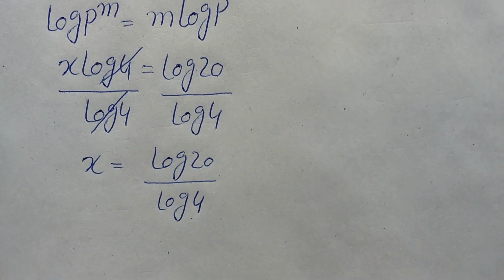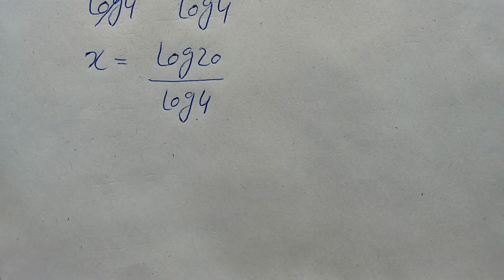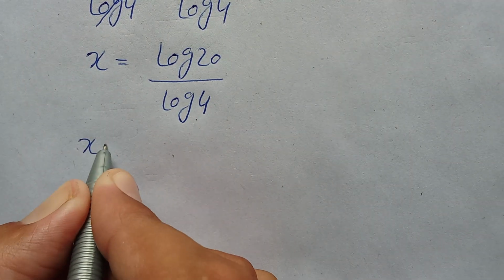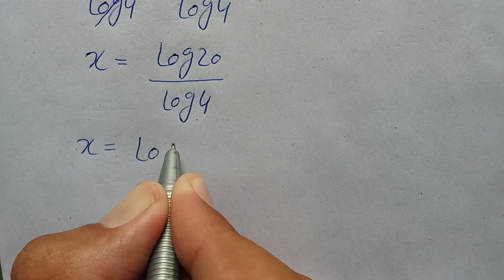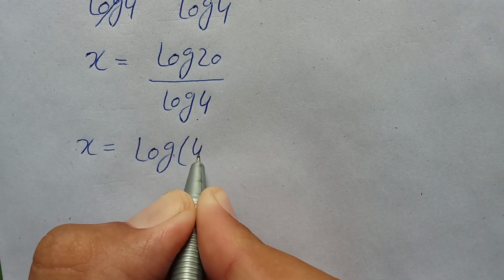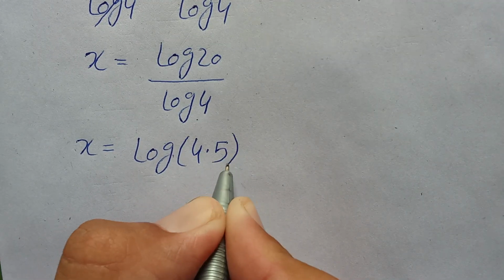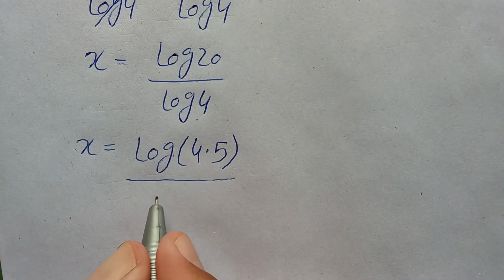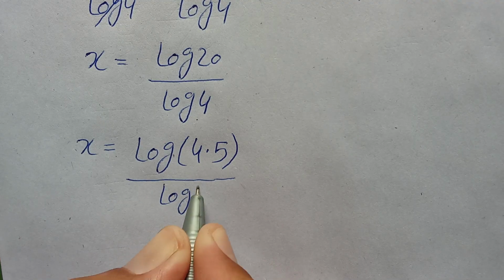In the next step, we can also write log 20 as log 4 times 5, divided by log 4.